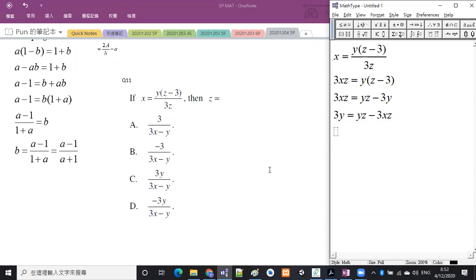And then I take out the subject term, that is the z, from the right hand side, and then write down the remaining factor, y minus 3x. Okay, so finally, just divide the y minus 3x to the left. So 3y over y minus 3x is equal to z. Okay, it's like this. And then z is equal to 3y over y minus 3x.